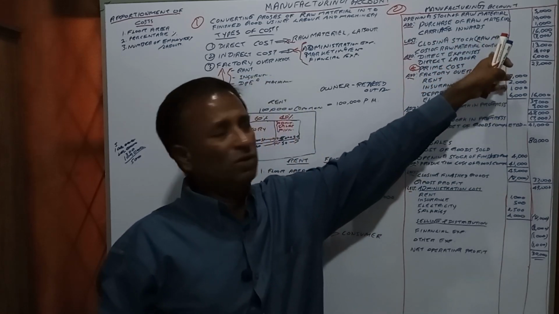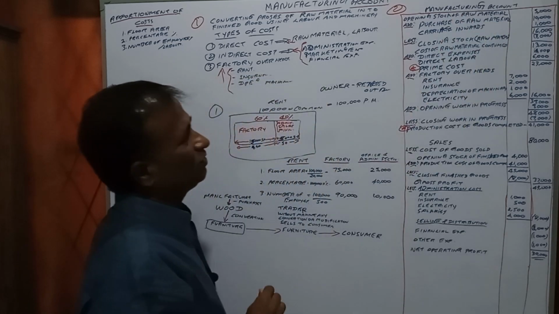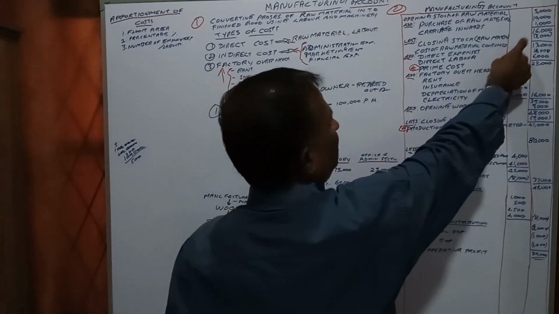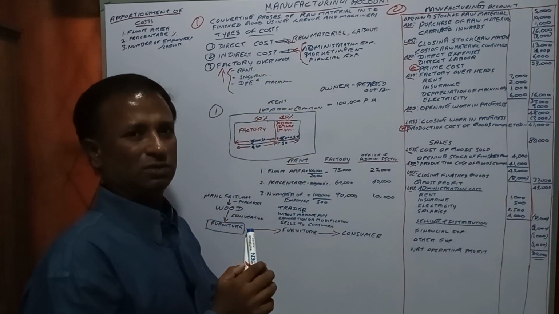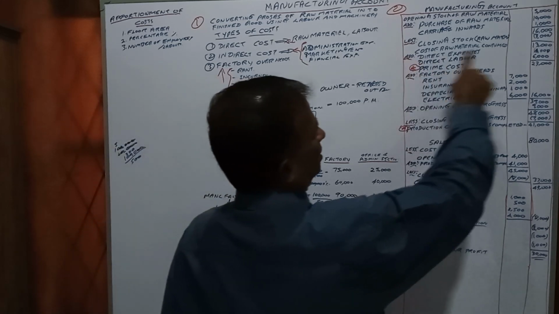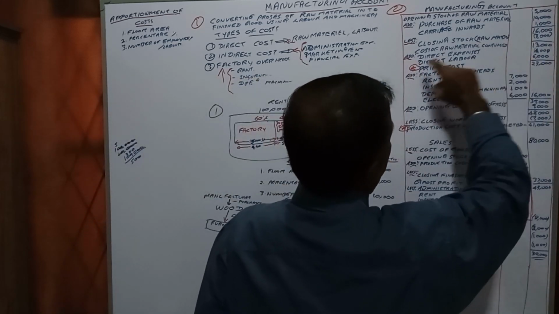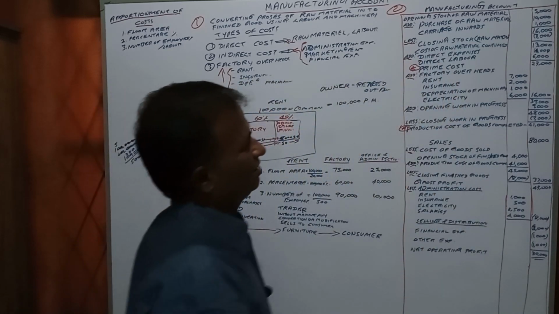Cost of raw material consumed. Here you will arrive at the cost of raw materials consumed, right? Then you will add direct expenses.